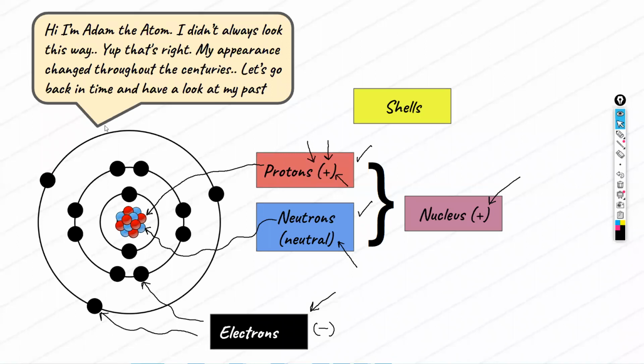This is how we view the modern atom, meaning that a few hundred years ago, did you all know that we did not know that the atom was actually made up of smaller particles? In the 17th and 18th century, scientists did not know about protons, neutrons, and electrons.